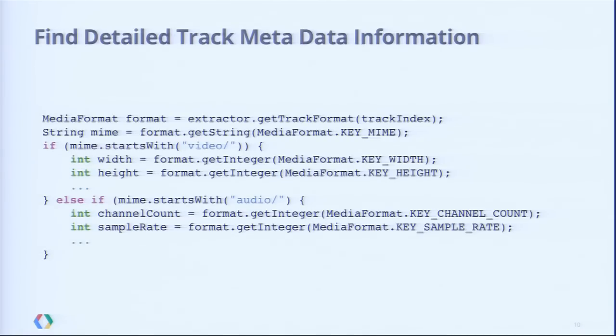And from the MIME string, you are able to tell whether this media track is audio or video or any other media type. If it is audio, you can find out the number of channels and sample rate by using the getter methods I mentioned. If it's video, you can use a getter method like getInteger to find out the video resolution. So the use of the MediaFormat class is really straightforward.